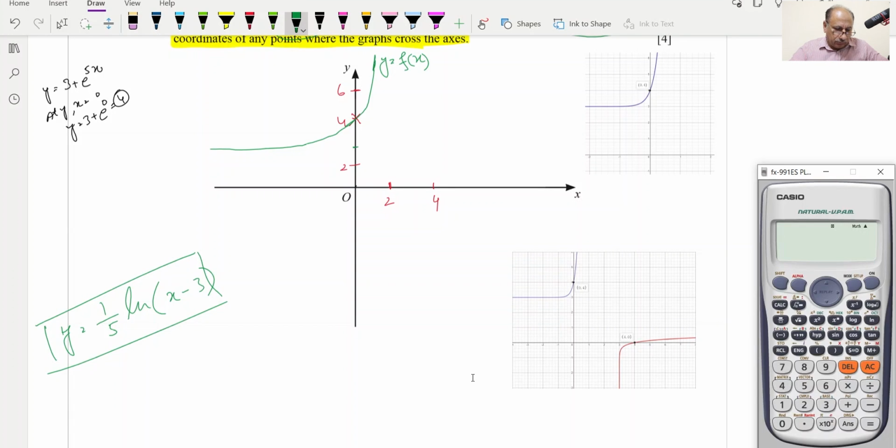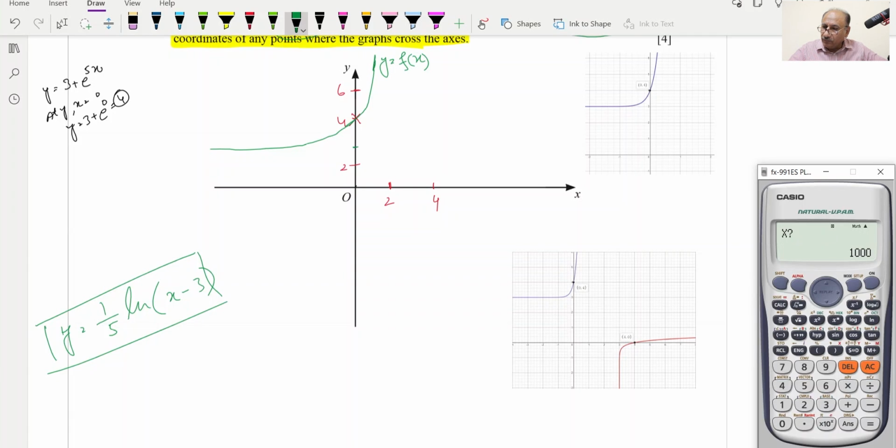Now we can use the calculator for this equation as well, so it will be 1 over 5 and log of x minus 3, bracket close, and we can calculate for some values. We know that the other graph f of x is passing through y equal to 4, so we can check for the x value as 4.